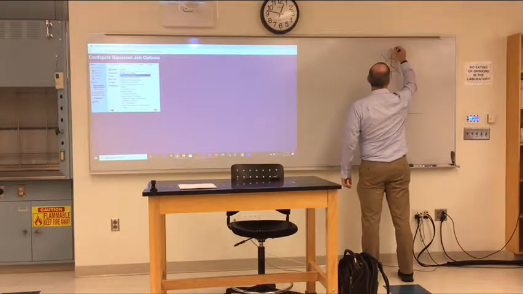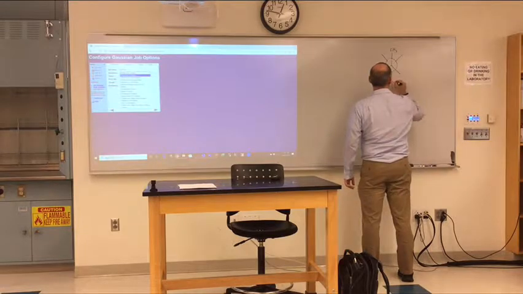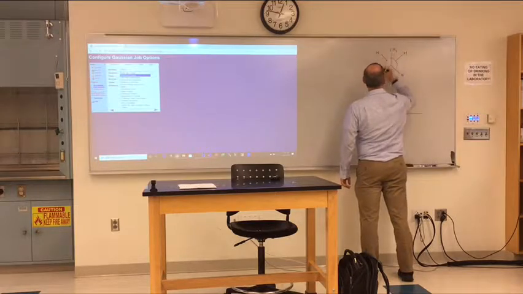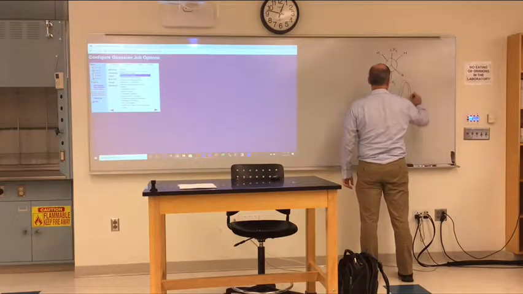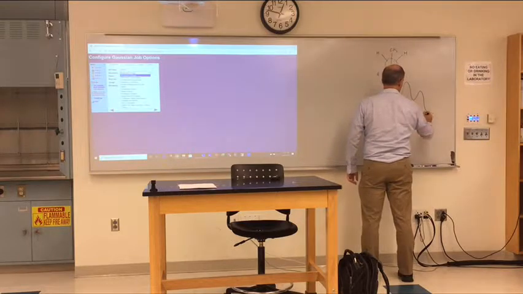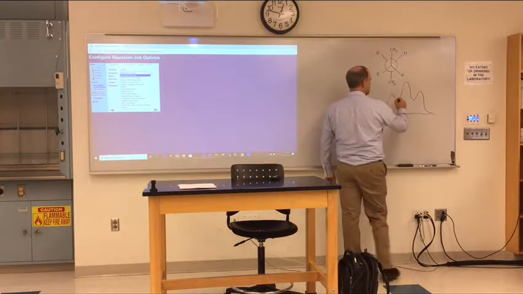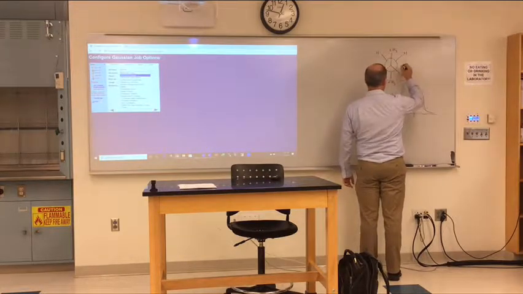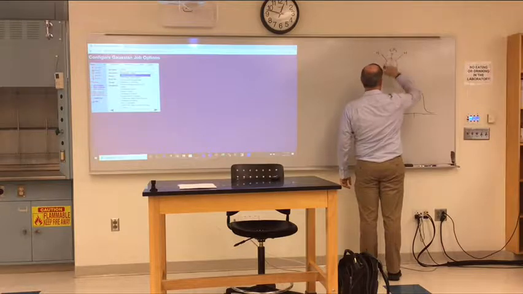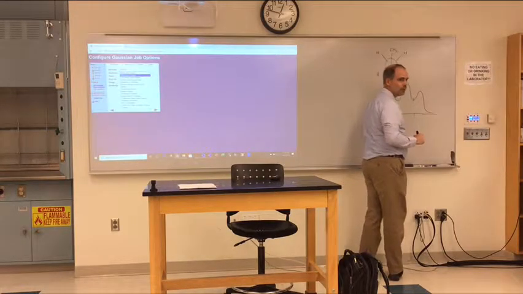So if this is CH3, this would be your anti arrangement. We call these hydrogens. Then the energy in anti, so 180 degrees between them, starts out at the minimum. Looks something like that, right? Where these here are when the methyl group here is in the gauche arrangements, right?